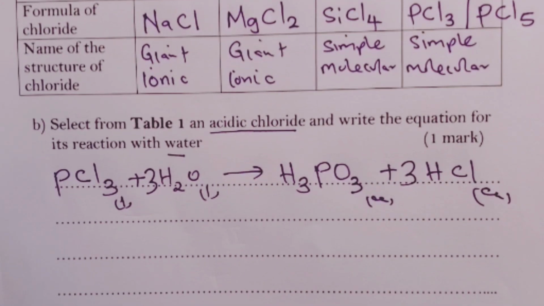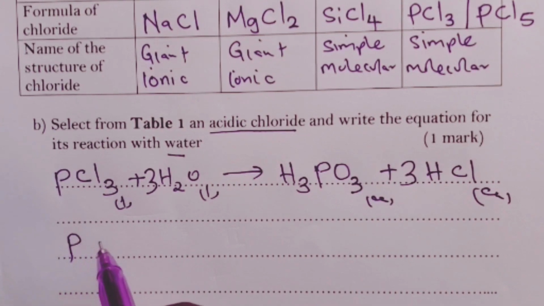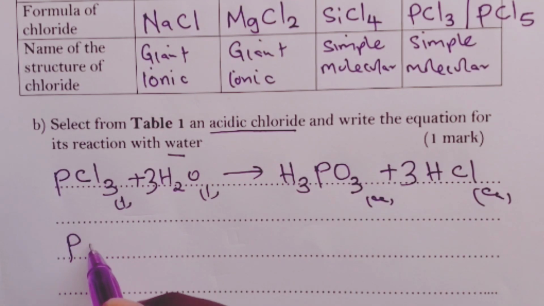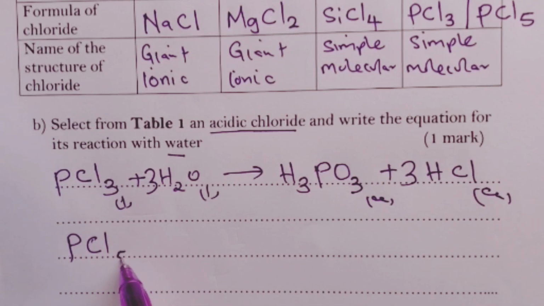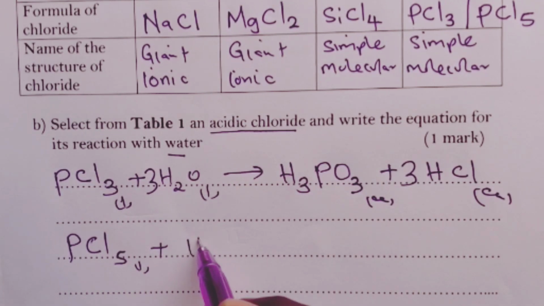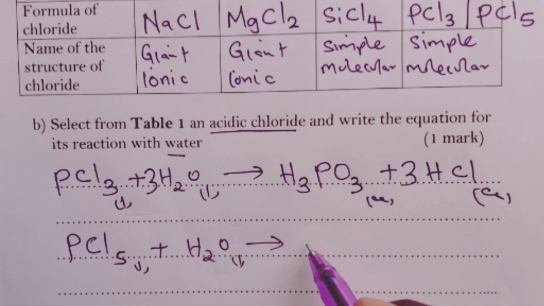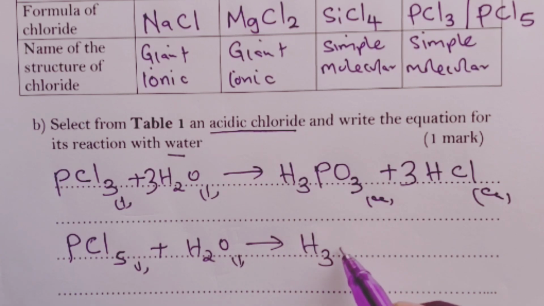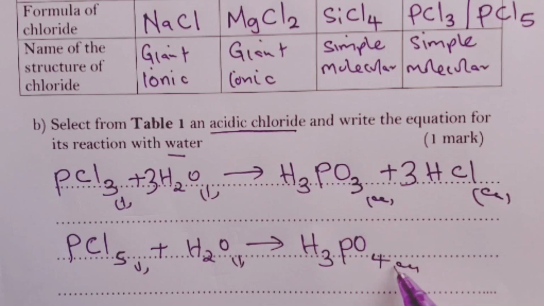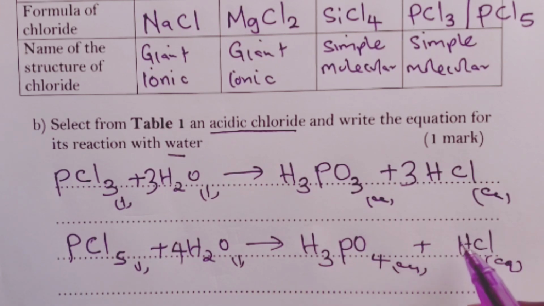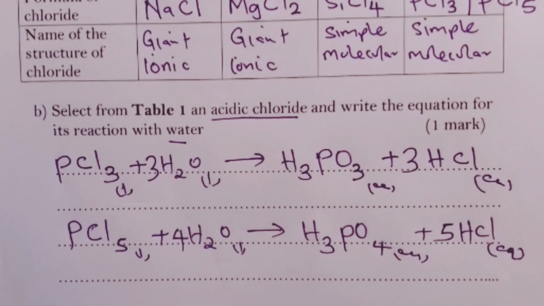We then go on to write the equation for the next acidic chloride, and that is phosphorus(V) chloride. Reacted with water, we would now form phosphoric(V) acid, that is H3PO4 aqueous, and again we shall have some hydrochloric acid being formed as well. This time round we balance with a 4 on water and a 5 on hydrochloric acid.